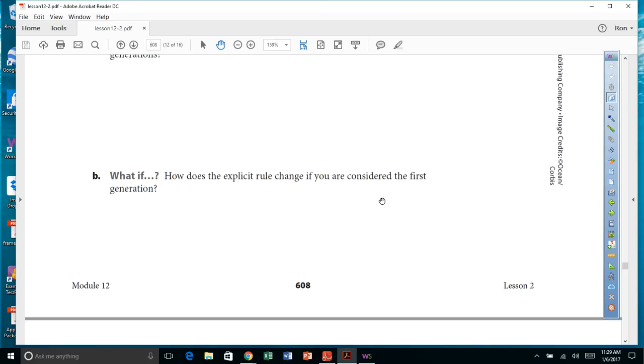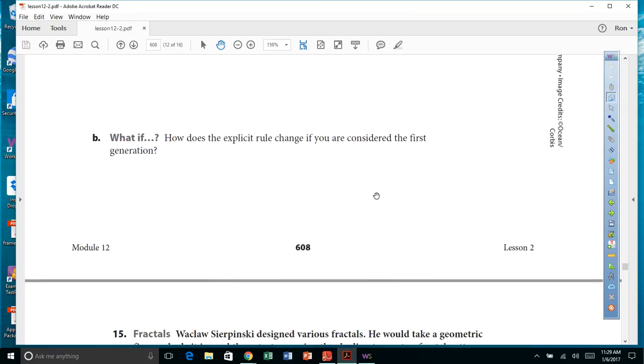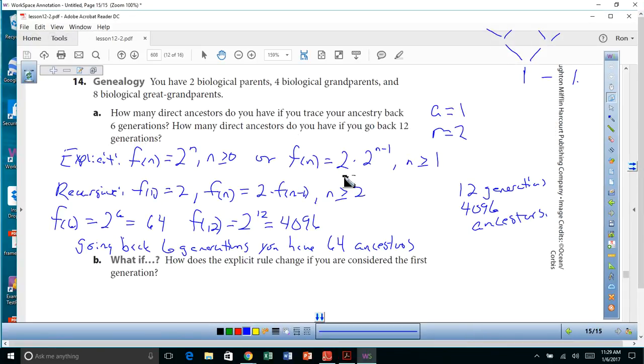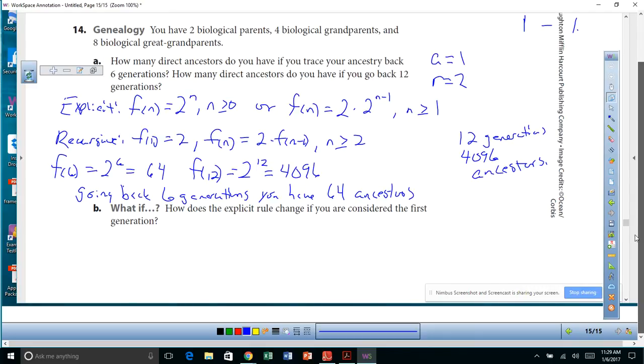B, what if the explicit rule changes? How does the explicit rule change if you are considered the first generation? I kind of already did that up there. If you say a sub 1 equals 1 and r equals 2, then f of n equals, what is that?